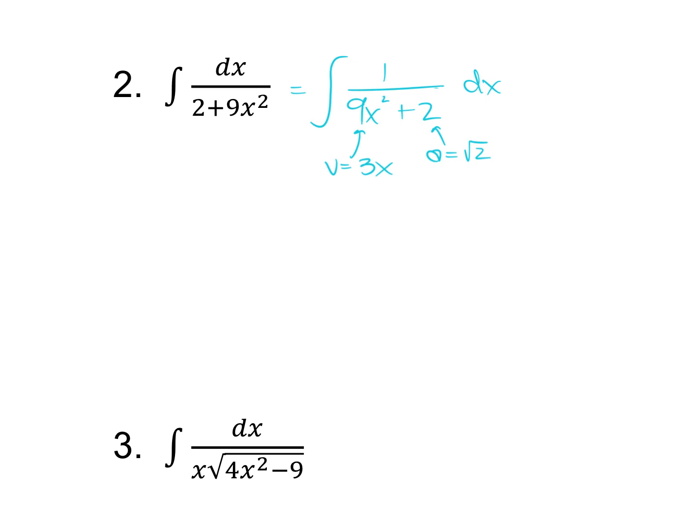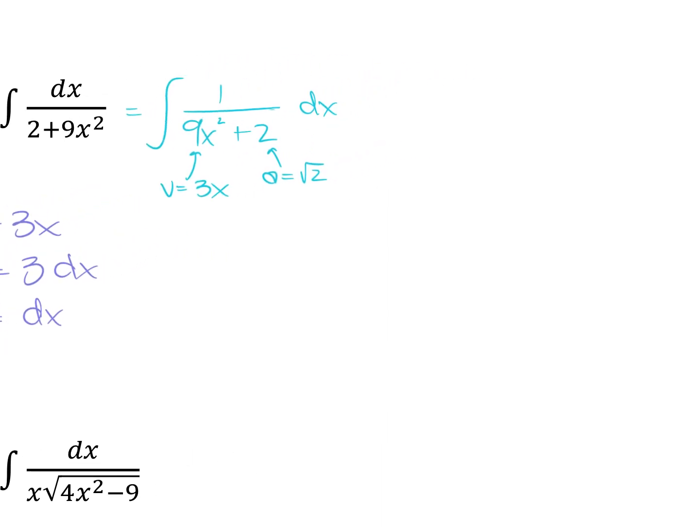Now, if my u is something other than x, I need to go through a full u substitution for this. So if u is 3x, what is du? 3 dx. So dx is equal to du over 3.